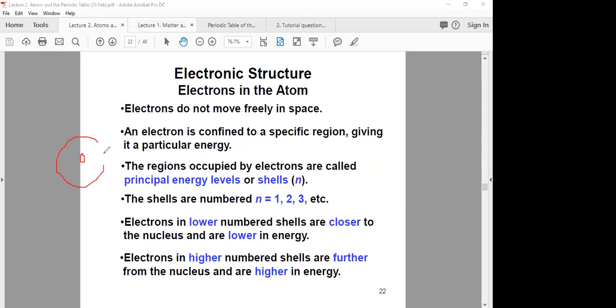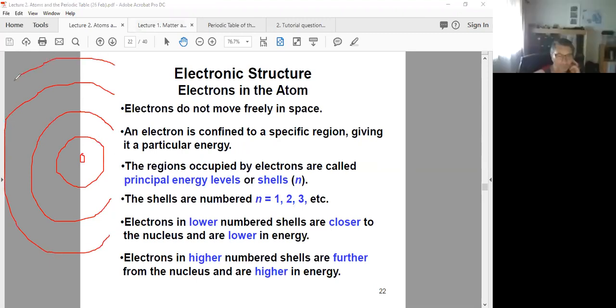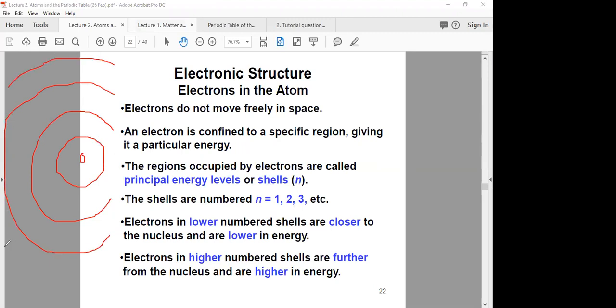This would be the first shell closest to the nucleus, so that's N equals 1. And this would be N equals 2, N equals 3. Can everyone see that okay? Yep. N equals 4 and so on. Okay, so that's how you can imagine it.